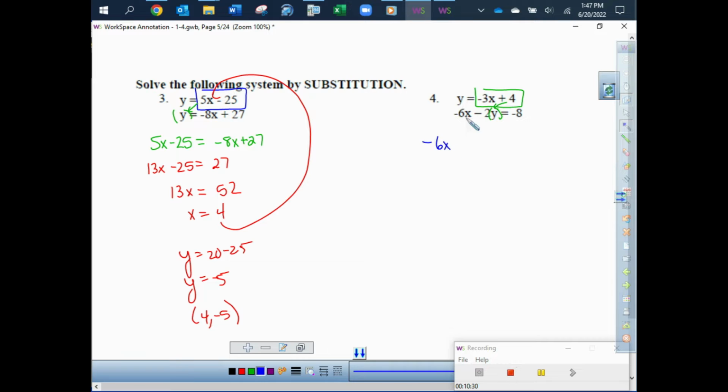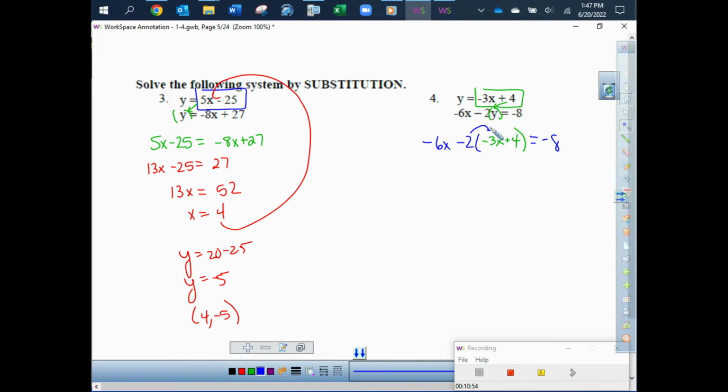So negative 6x is still there. There's a negative 2. I got a parenthesis, and now that negative 3x plus 4 goes in there, and then equals negative 8. Do you see all I did was take what's in the box and put it in parentheses. Now I just got to clean this up.